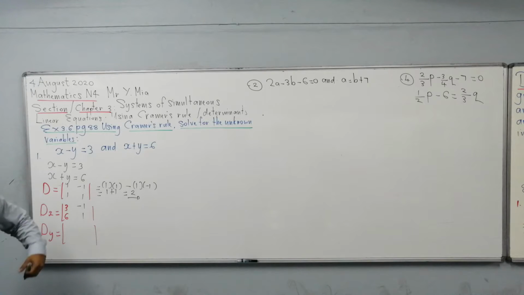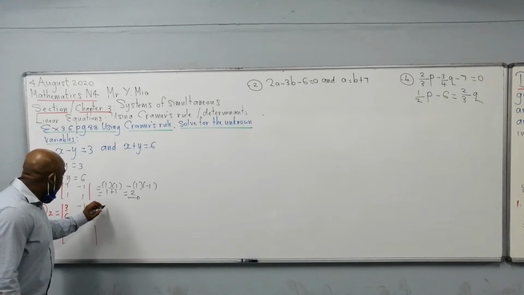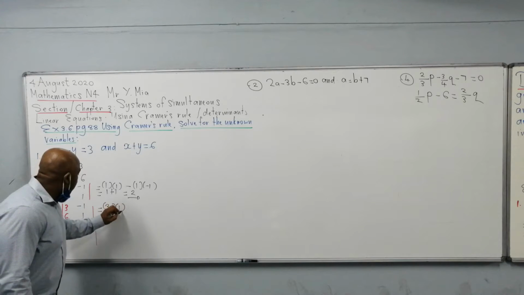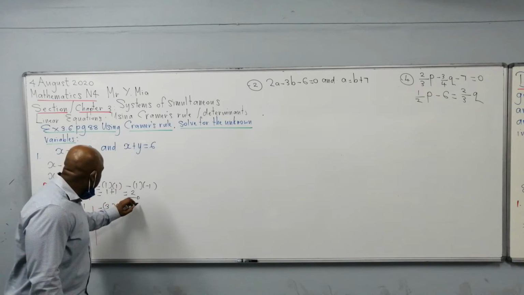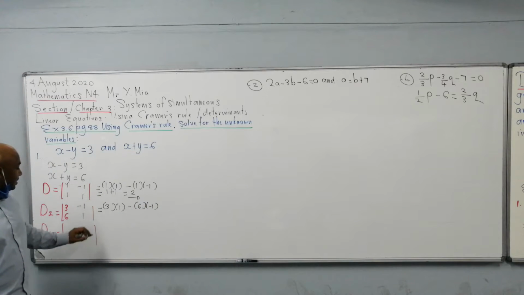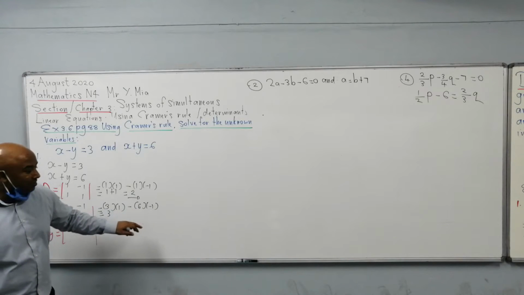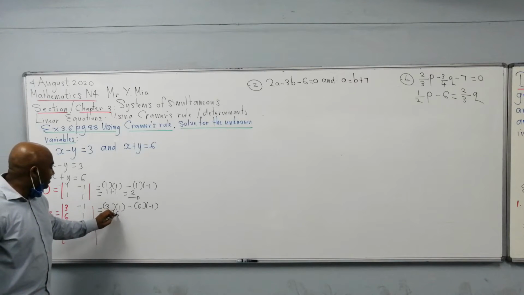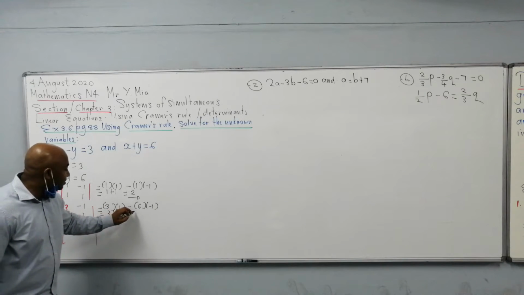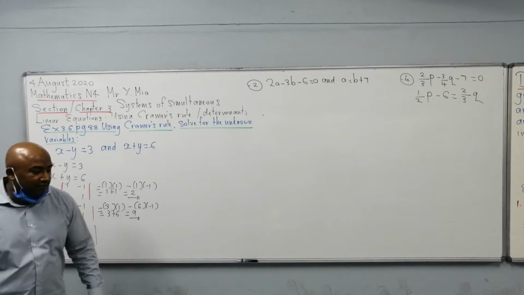What do we do now? Evaluate it. So multiply going down. So that's going to be 3 times 1 minus 6 times minus 1. So we know 3 times 1 is 3. Negative times a negative is positive 6. So 3 plus 6 will give me 9. Very simple. You can see that.